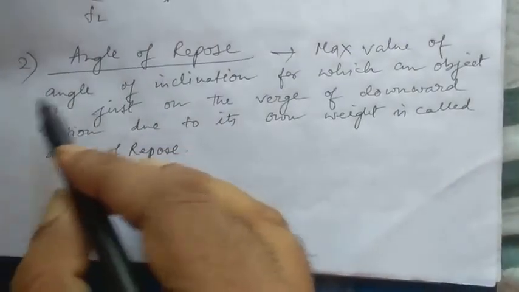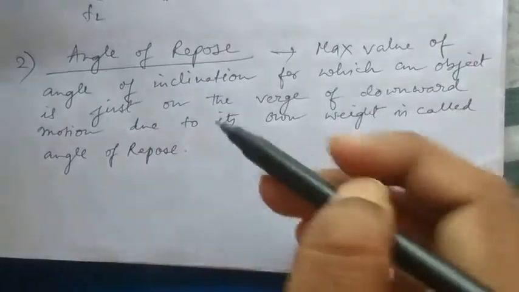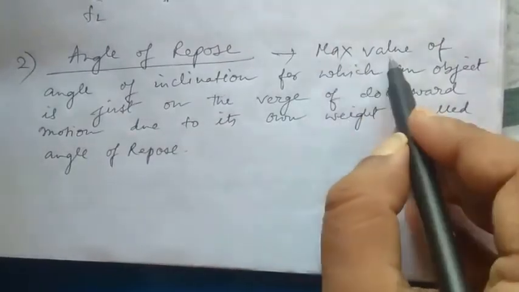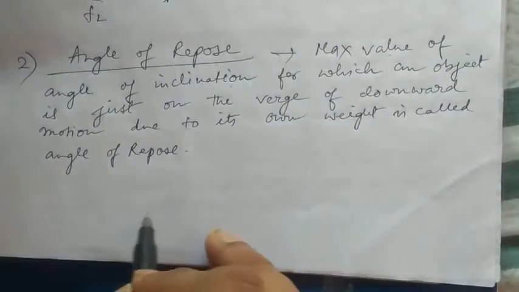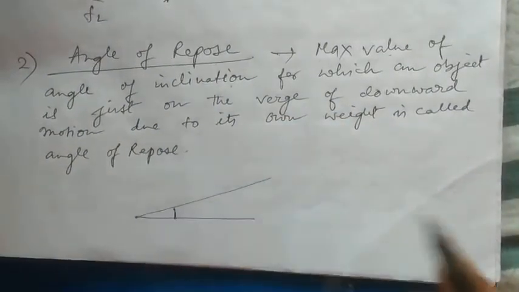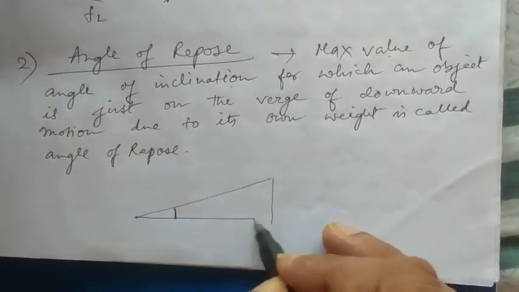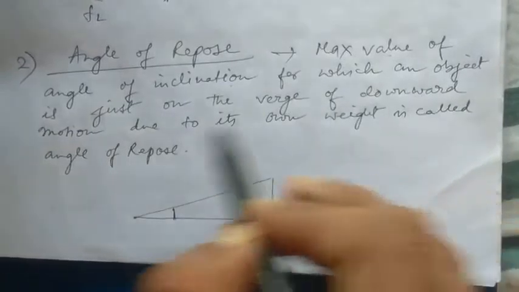The second most important thing is the angle of repose. By definition it goes like this: the maximum value of the angle of inclination. That means if we take an inclined plane, like this is the angle of inclination, for which an object is just on the verge of downward motion.